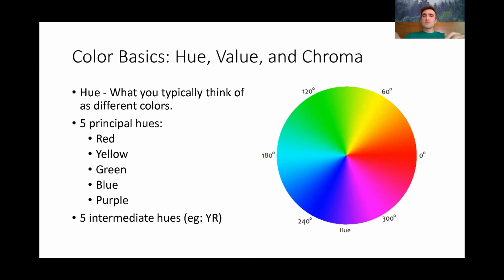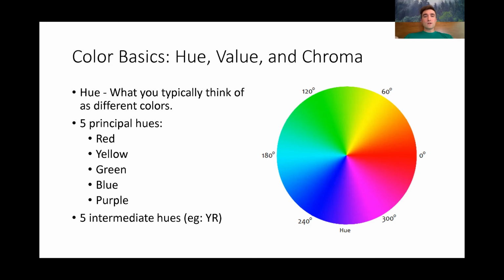In different disciplines, they will use different terminology for these three classifications, but for soil science, they use hue, value, and chroma. This gets into a little bit of color theory if you've taken any art classes or even our floral design classes. The first category, hue, is what you typically think of as our different colors. The primary colors and the secondary colors, this is the hue.